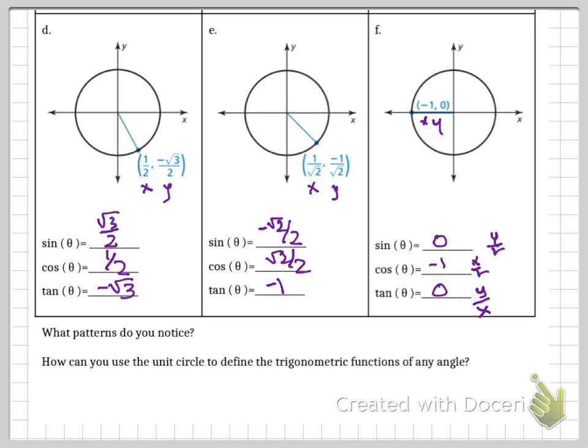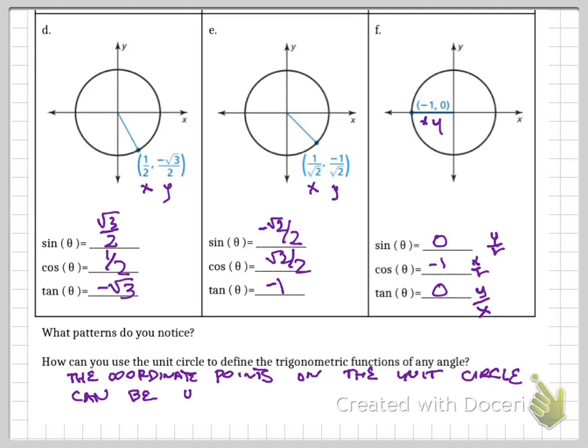And so a way that you can use the unit circle to define the trig functions of any angle is that the coordinate points on the unit circle can be used to find the ratios of the 6 trig functions.